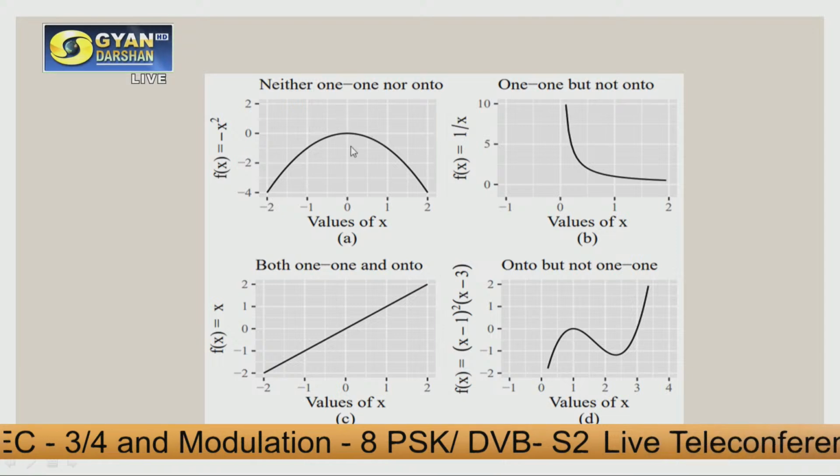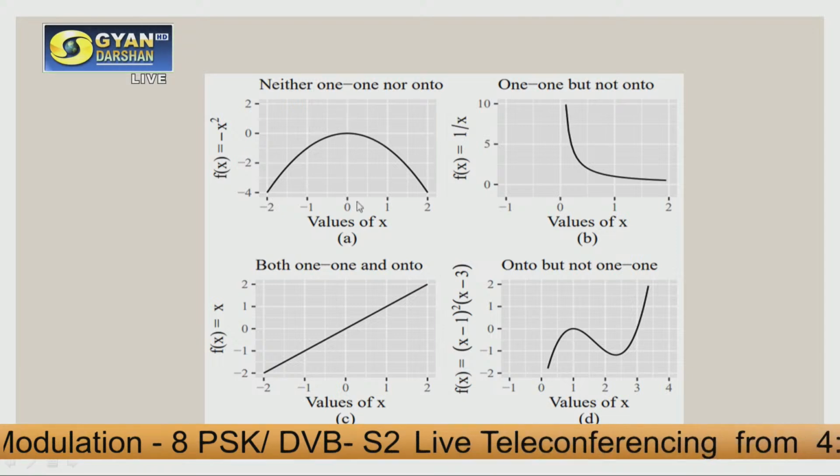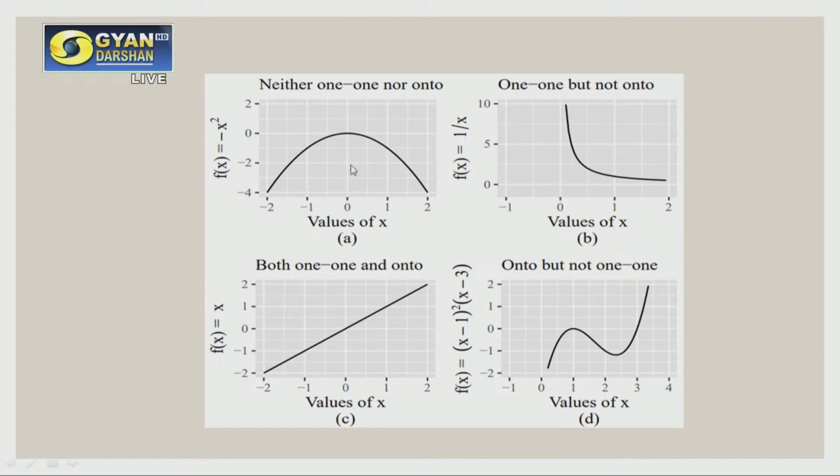And you see that on the y-axis we take the value of y. Suppose we are taking mothers on the y-axis, and this is your x-axis, and on the x-axis we are taking daughters. Then the condition of 1-1 says that different daughters have different mothers.